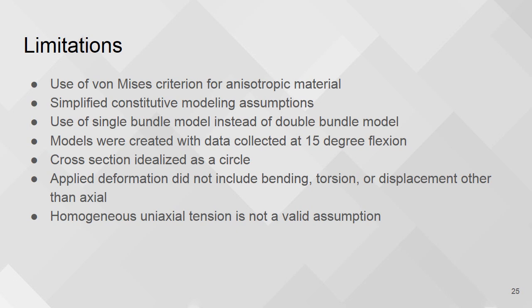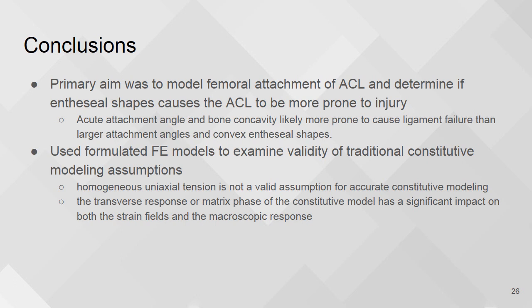In conclusion, the primary goals of this study were to model the femoral attachment of the ACL to determine if the tide mark profile and attachment angles cause the ACL to be more prone to injury. The study results showed that a more acute attachment angle and concavity of the attachment site increased the equivalent strain, causing a higher chance of injury.